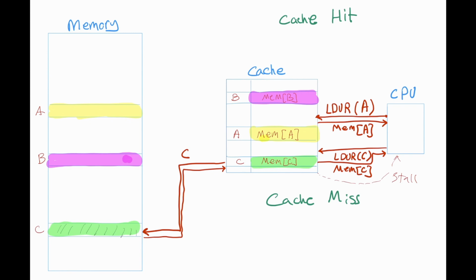It sits there. It waits for the cache to go to the memory, bring back the data, and update itself. When it has updated itself, it sends back the data, and then the CPU knows that it can come back to work. So you can imagine that all of this takes a lot of time, and because of that, when we have a miss, we say we have a miss penalty, meaning that we are penalized in terms of time.